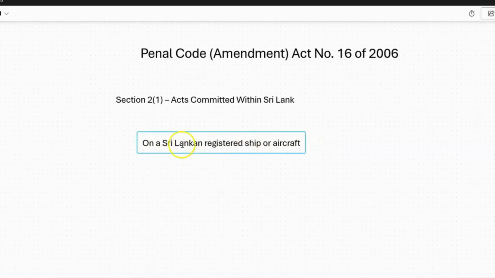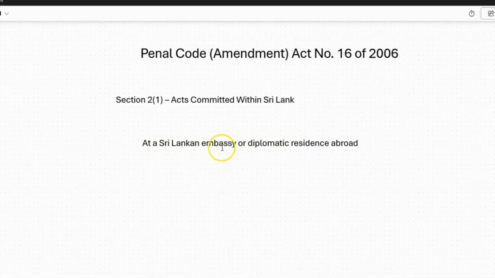The next point, on a Sri Lankan registered ship or aircraft. According to this, the offense happens on a ship or aircraft registered in Sri Lanka, no matter where it is in the world. For an example, a theft occurs on a Sri Lankan Airlines aircraft while flying over another country.